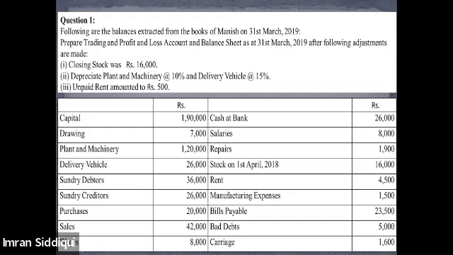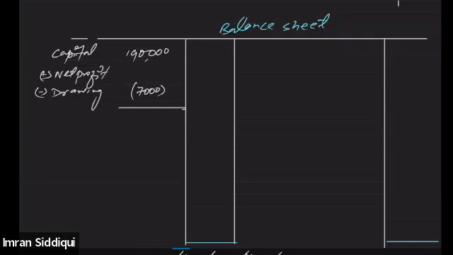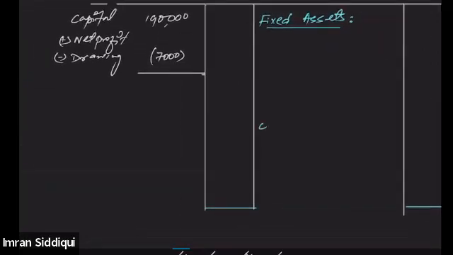All right. So first of all, let me show you how we'll be dealing with this. Because we have adjustment information given on the plant and machinery, I'll first write down the value of the plant and machinery on the asset side of the balance sheet. Or in fact, let me bifurcate all the assets. First of all, fixed assets, and then we'll have current.